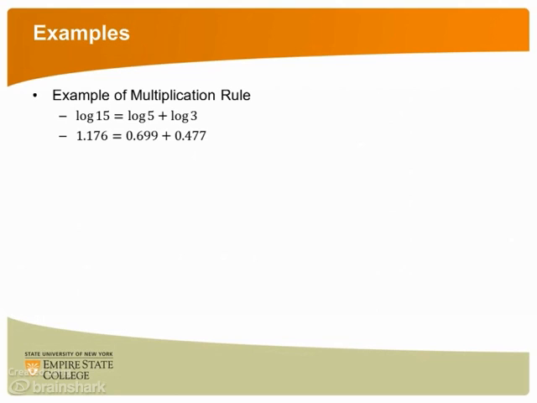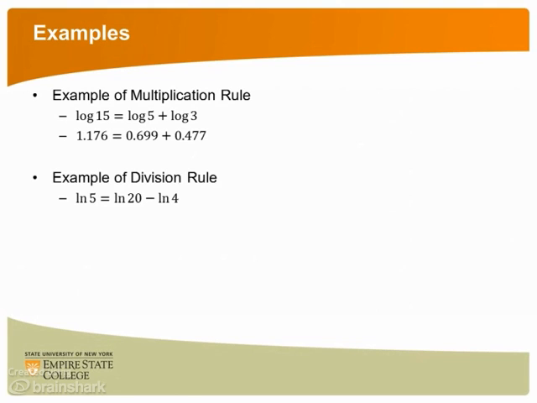The common log of 5 is 0.699, and the common log of 3 is 0.477. Doing a quick check, 0.699 plus 0.477 does indeed equal 1.176, so the rule works.